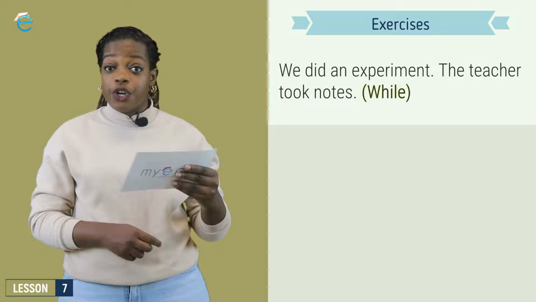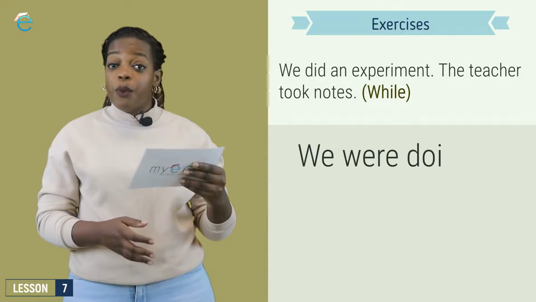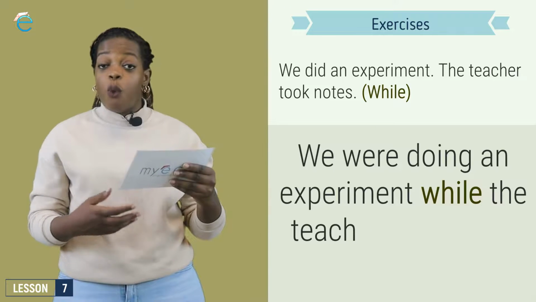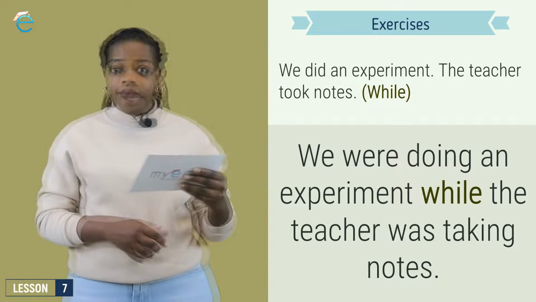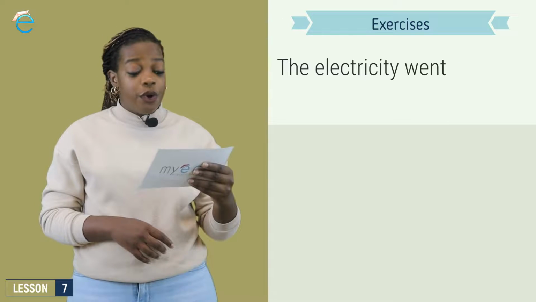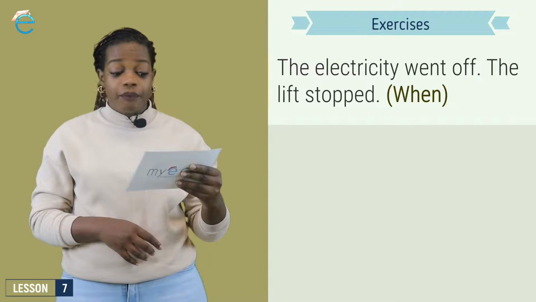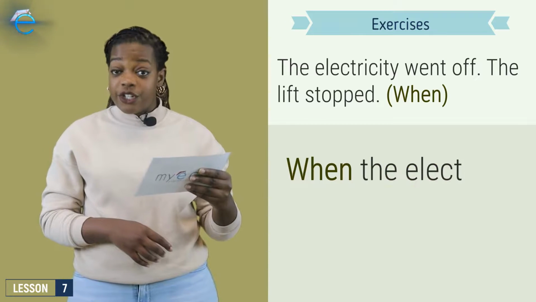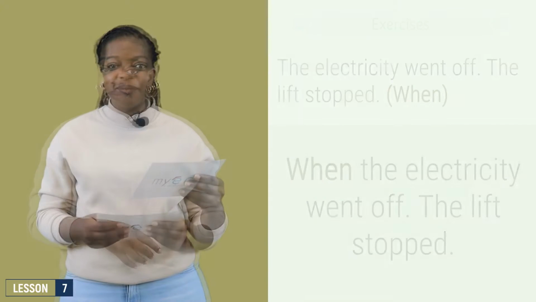The teacher took notes, while. We were doing an experiment while the teacher was taking notes. Number 10, the electricity went off. The lift stopped, when. When the electricity went off, the lift stopped.